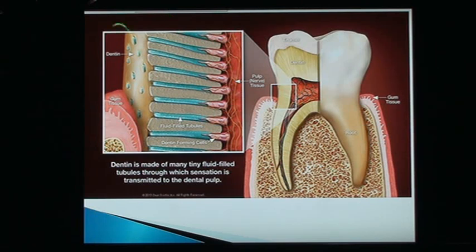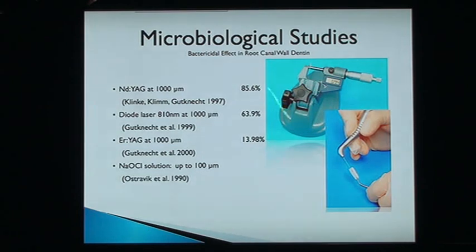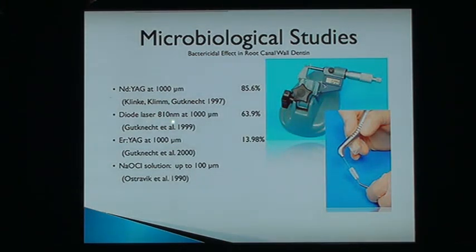When we go to the diode, going back to the diode, we see here they used 810 nanometer. They found 63.9% bacterial reduction. What is the difference between diode and Nd:YAG?